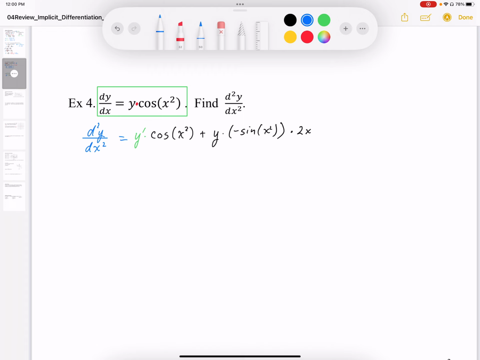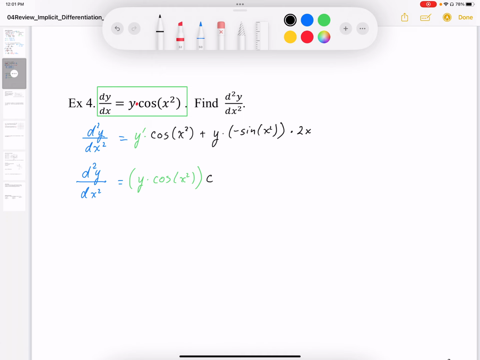So that will give me the expression for the second derivative, d squared y over dx squared. And I can then express the right-hand side of this expression with just x's and y's. So replacing that y prime, I'm going to replace that with y times cosine of x squared. And then I can put the rest of that in.